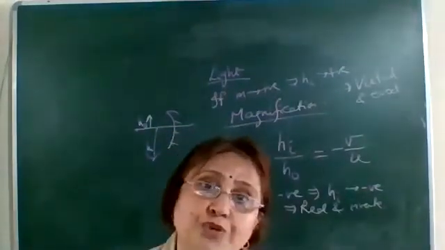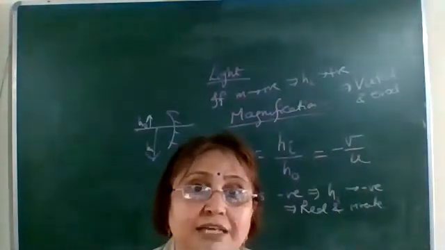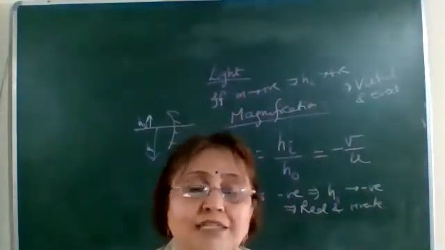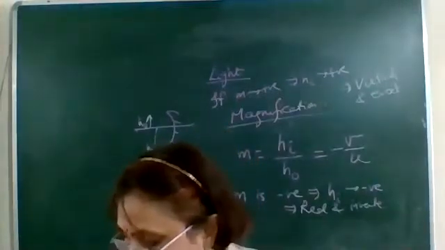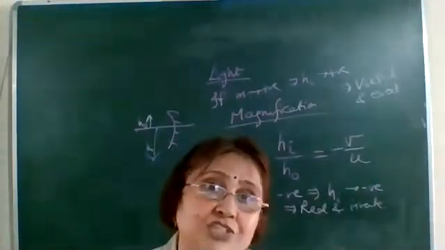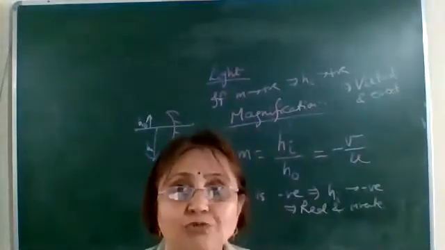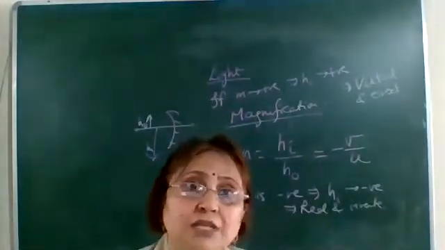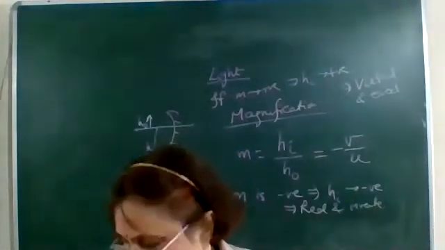Convex mirror also forms an erect image, but the image is not enlarged. The image is smaller than the object, diminished. But here it is asked for an erect and enlarged image. It is only the concave mirror, and the object position will be between pole and focus.